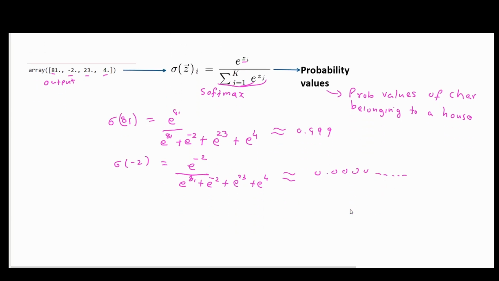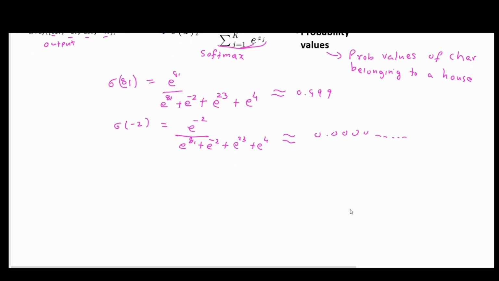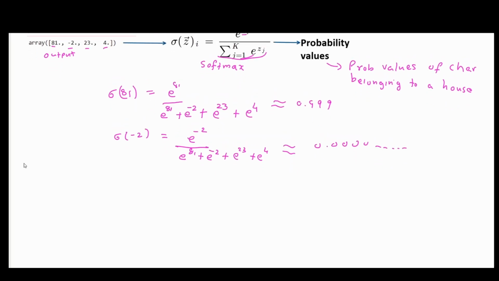So basically how you map the output is, given an array like this, you have 81, 20, minus 2, 23, 4, and once this goes through softmax, it will get converted to probability values.